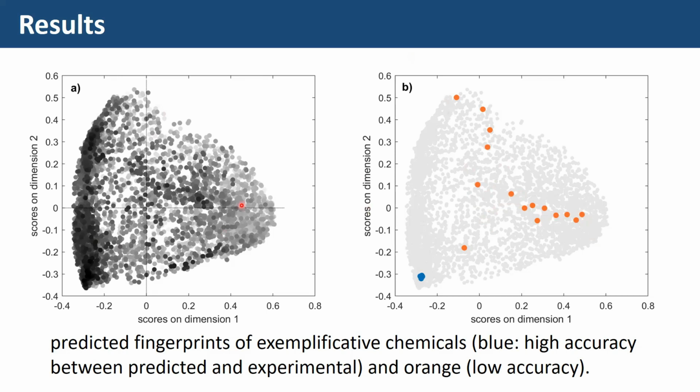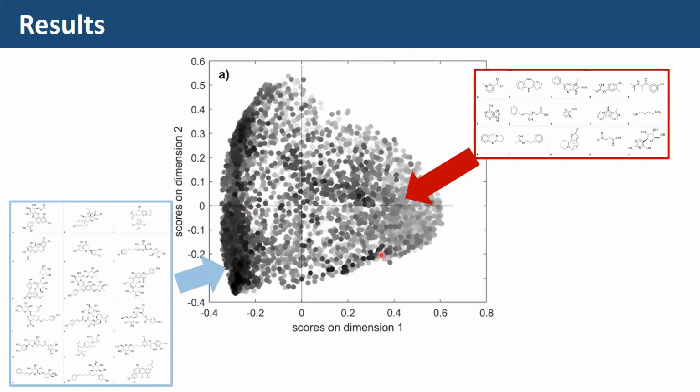So we tried to look in this area, this is the same plot. We tried to see which kind of chemicals we had here on the left part and here on the right part of this score plot. Basically, the information was that on the right you have fingerprints associated with simple molecular structures.